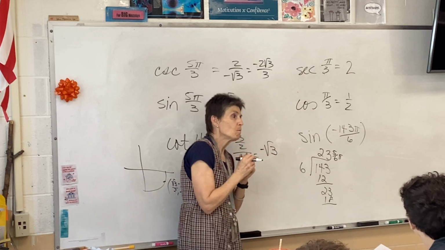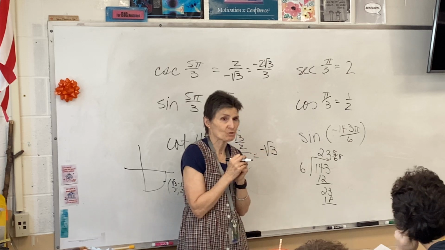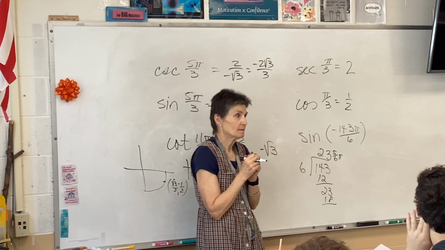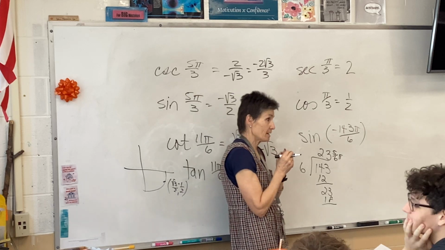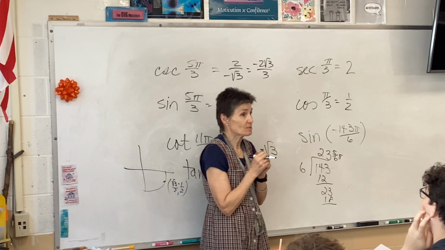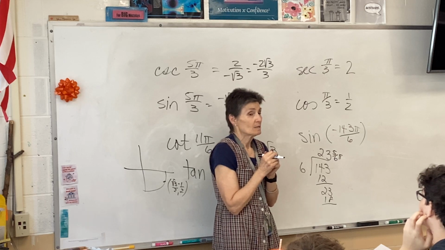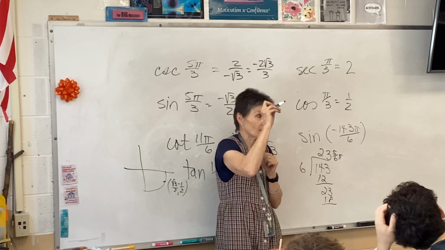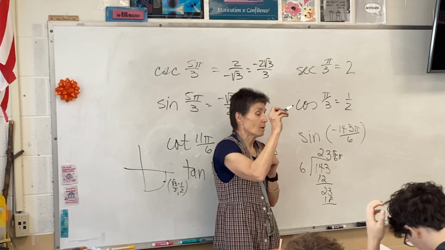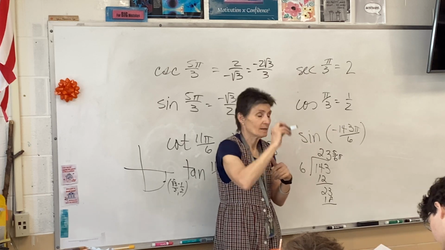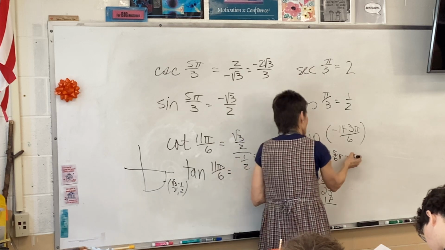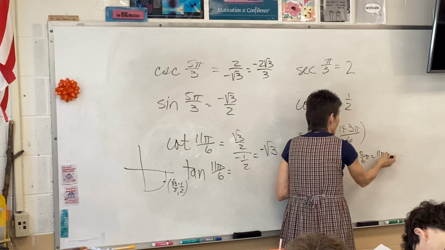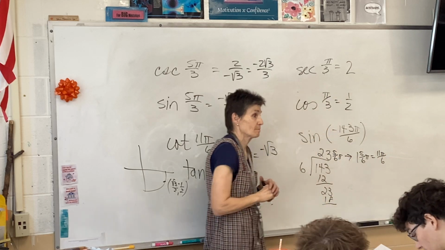Now, how much of that can I disregard? Not 23, 22 pi. Why do I have to disregard even pies? Because the rotation is 2 pi, so a period is 2 pi. So I'm going to shrink that down to 1 and 5/6, which is 11 pi over 6.